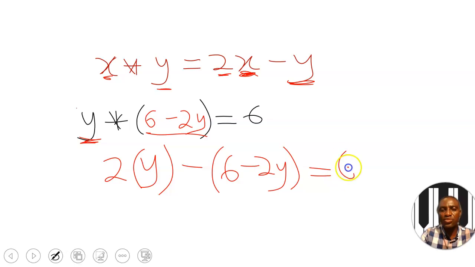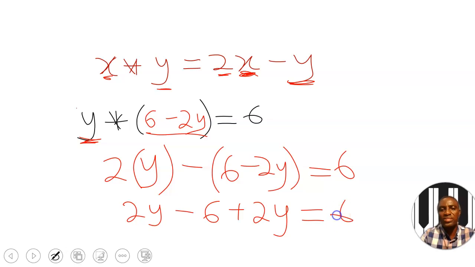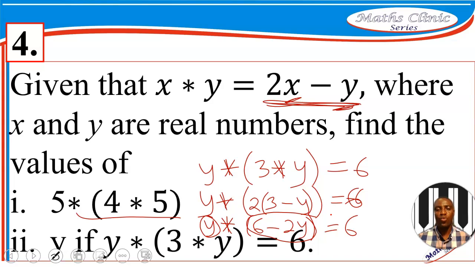And we equate everything to 6. Now, we simplify. So 2y minus 6 plus 2y is equal to 6. Now, this becomes a simple equation which you can solve to make y the subject. If you do that very well, your y becomes 4.